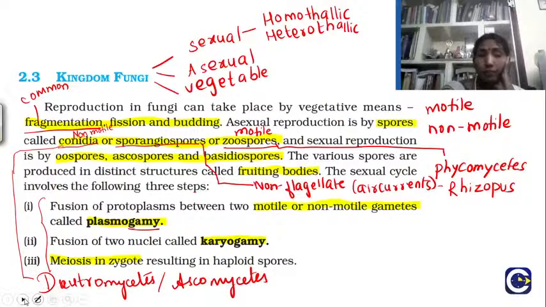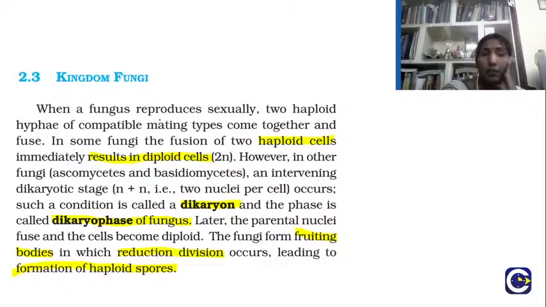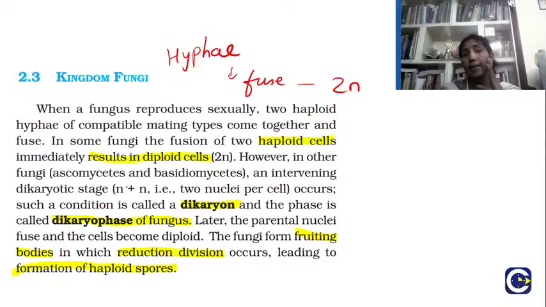Okay. Now see, when a fungus reproduces sexually, you have two haploid hyphae, the filamentous body I already mentioned. Hyphae of compatible mating types come together and fuse. Two haploid cells fuse, so there will be diploid cells. But in certain fungi like Ascomycetes or Basidiomycetes, you have an intermediate stage called the dikaryon.